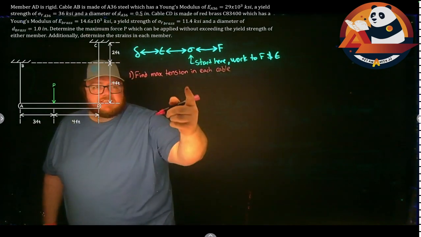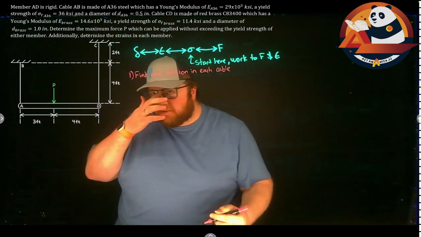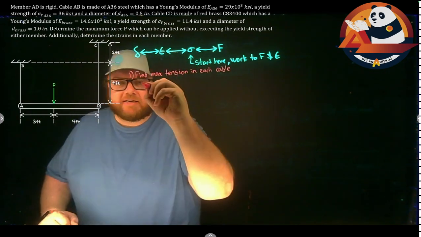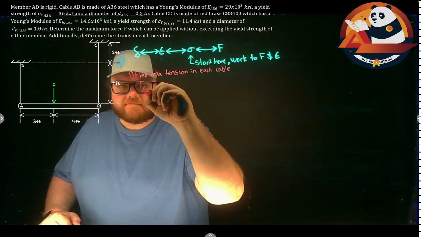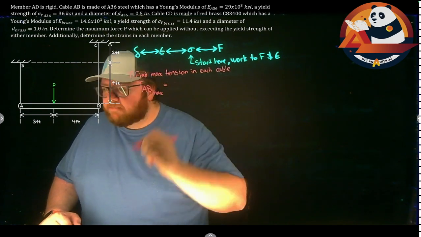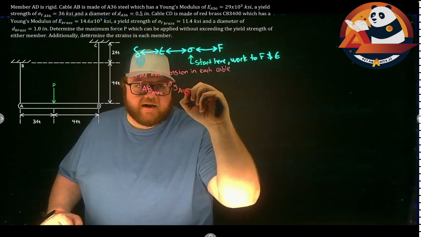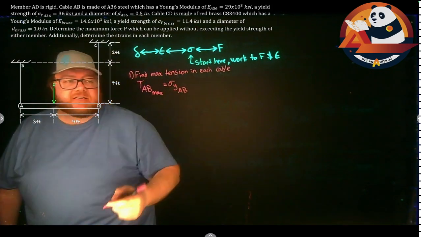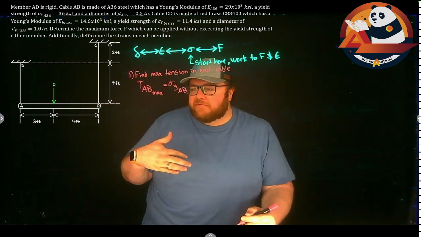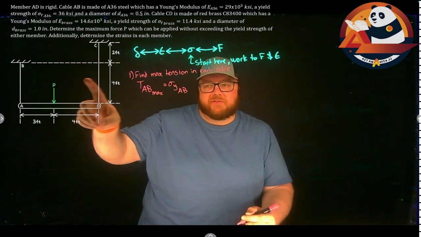So if I'm tackling this, I have a TAB max. This isn't necessarily what it's going to be. It's just the max before it would yield. So what's my TAB max? TAB max should be my sigma yield for AB. Well, a stress is force divided by area. To get to my force, I just need to multiply through by area.